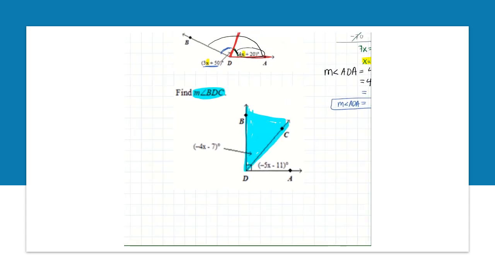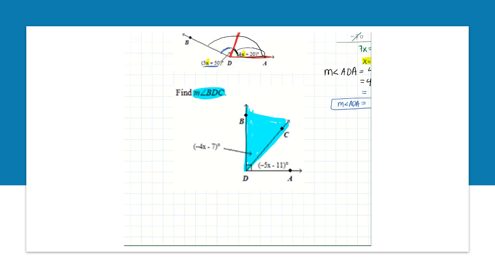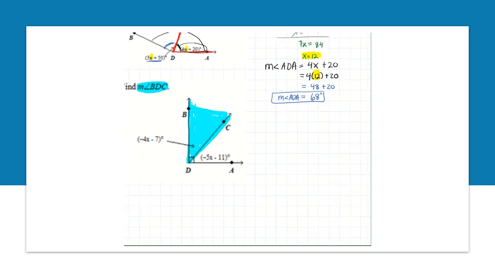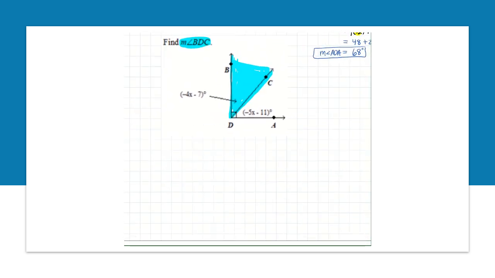So let's use our angle addition postulate to create a statement, which is going to lead us to an equation. Angle BDC plus the measurement of angle ADC equals angle BDA.